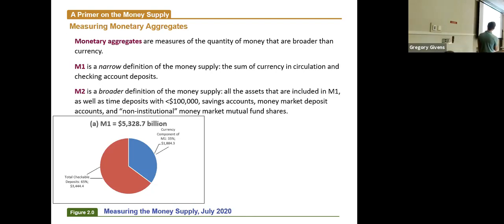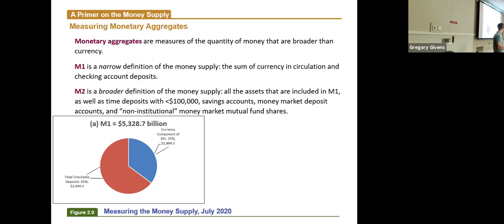The currency component of M1 is much smaller. And by the way, a good portion of this currency is actually held by people outside of the United States. So this $1.9 trillion, we don't have 1.9 trillion US dollars floating around within the geographic confines of the United States.